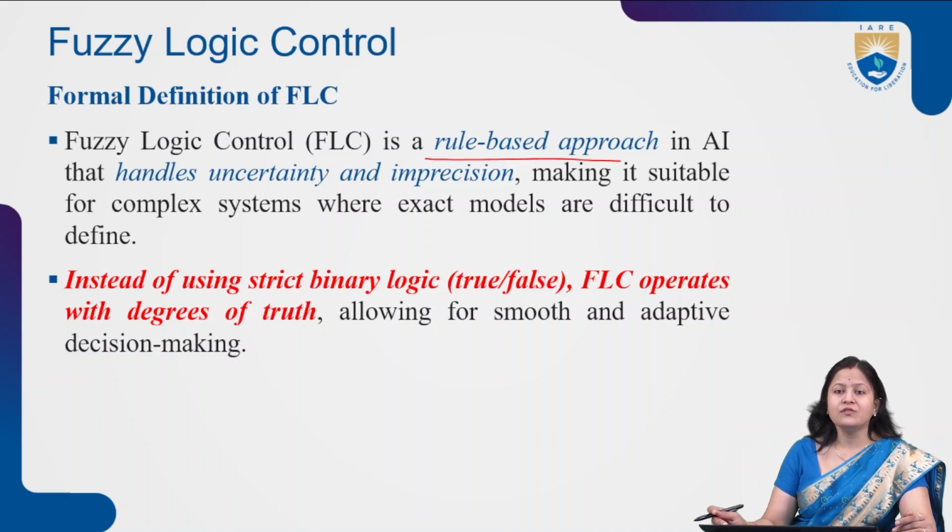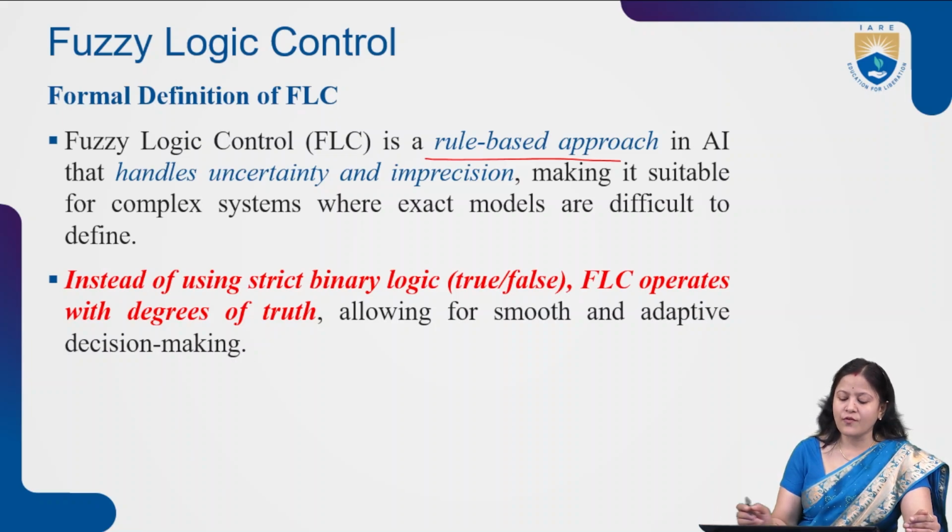Instead of using strict binary logic, true and false, fuzzy logic control operates with degrees of truth, allowing smooth and adaptive decision making. In binary logic, also called crisp logic, only two values are accepted, either true or false.